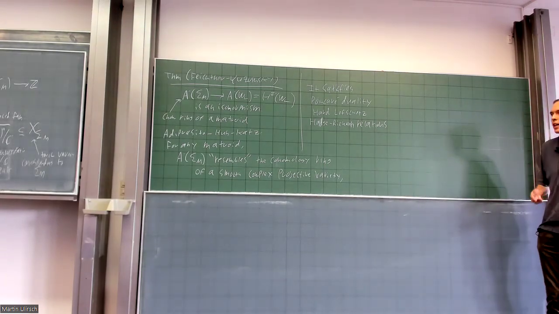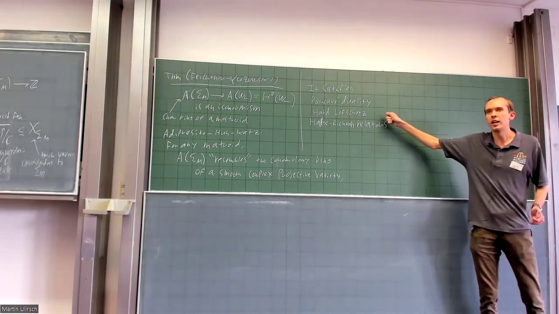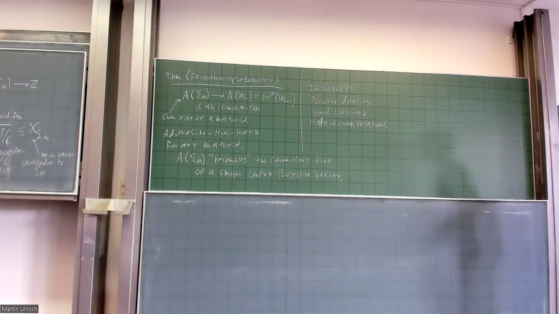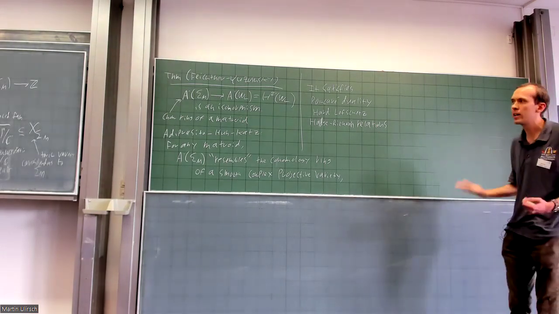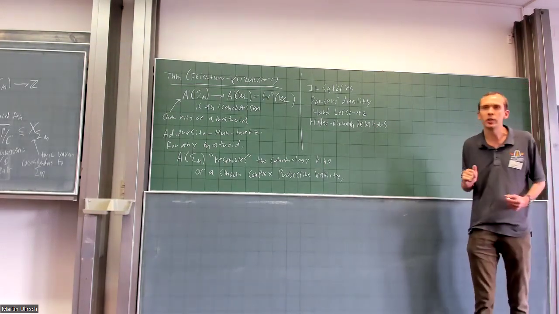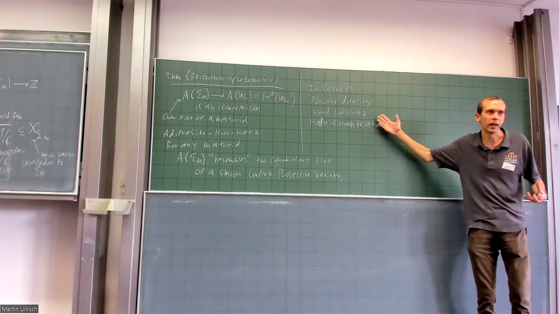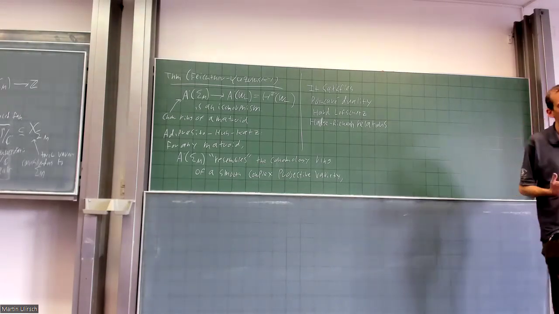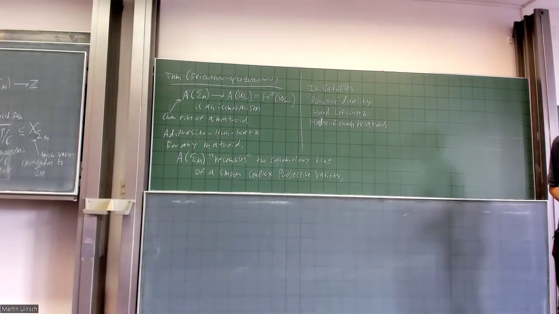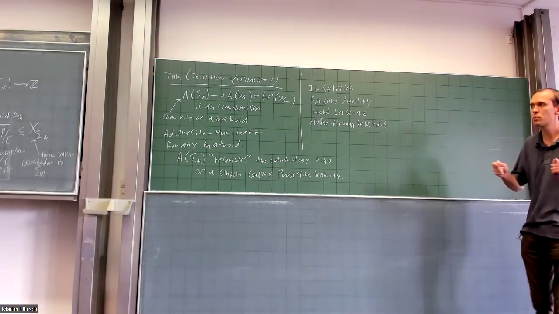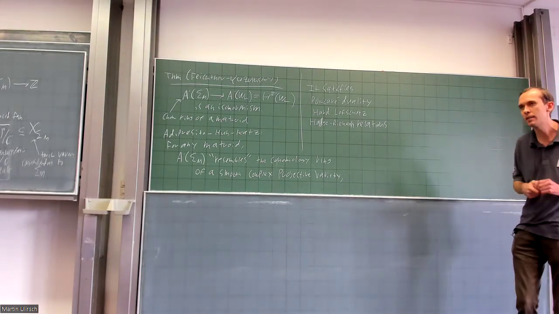The second comment maybe is that this is really a special statement about matroids. If you just choose a random tropical fan, this is very unlikely to be true, and there's not really some general result that contains this. There are now somewhat simpler proofs, but all of the proofs use some very explicit properties of this fan.